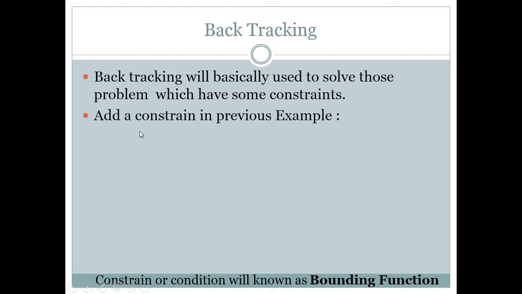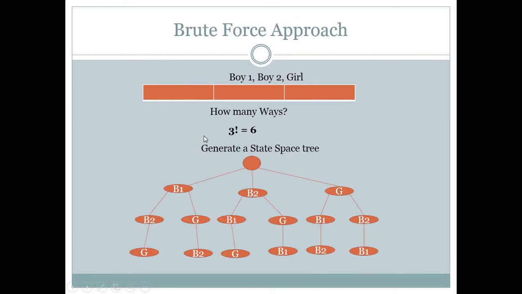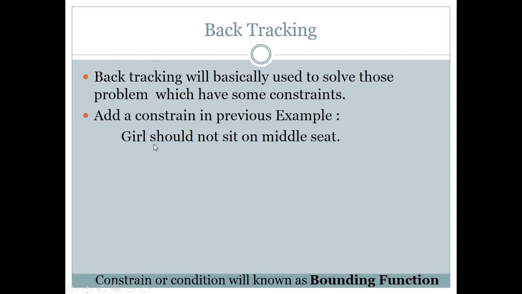For example, if we add a constraint to our previous example, and that constraint is that the girl should not sit in the middle, then that will become our backtracking. So here we have added a constraint that the girl should not sit on the middle seat. This is a constraint on brute force, so that will be backtracking.